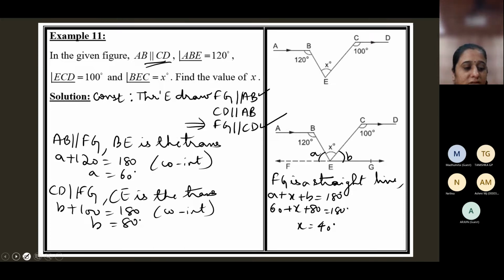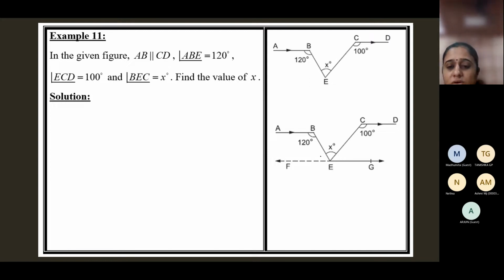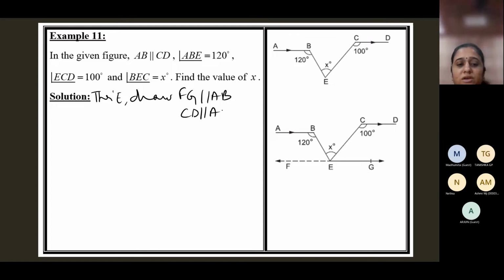Okay, let me clear the slide. See, children, you can also do it like this. So as usual, the construction: through E, draw FG parallel to AB. But CD is already given to be parallel to AB.